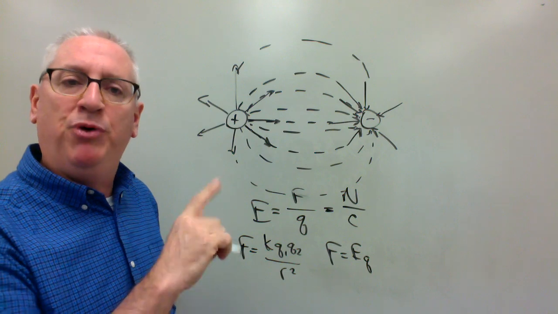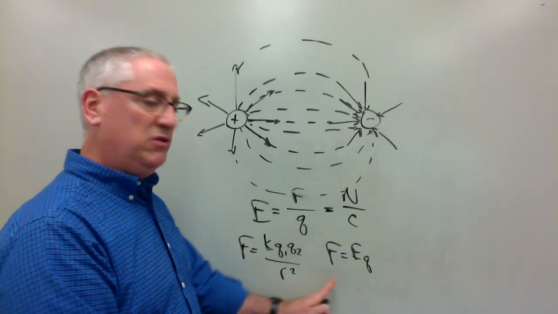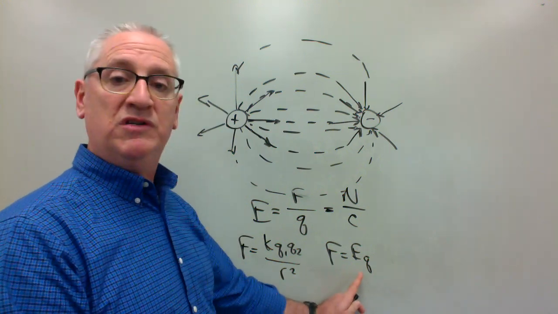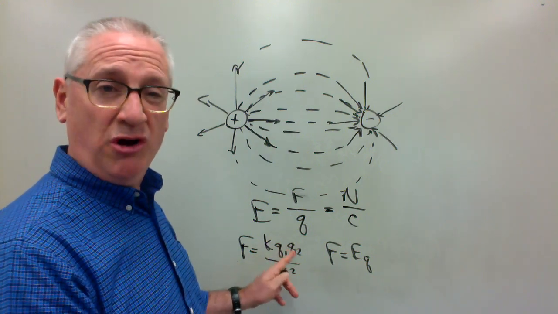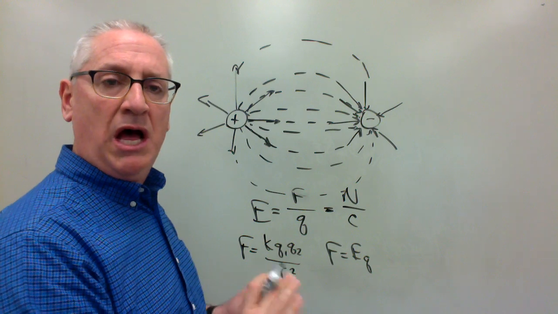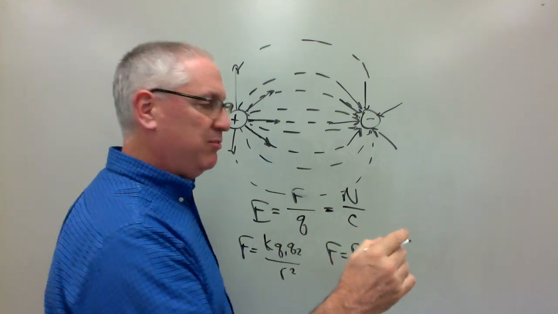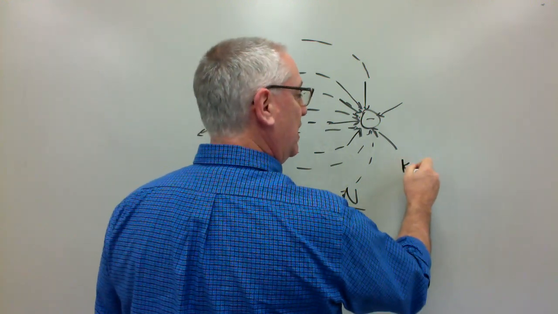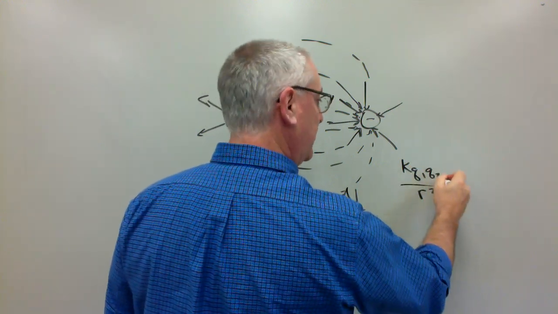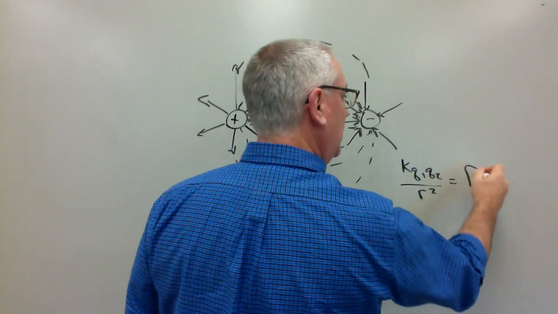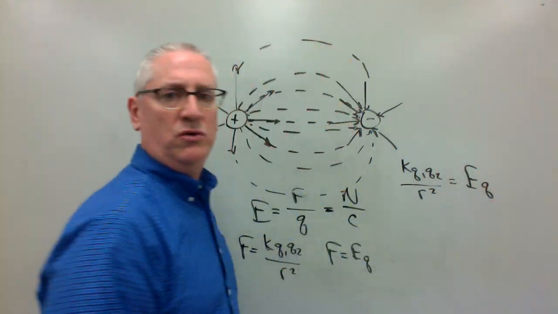Now what would happen if I put them together? Put these two things together, because if force is electric field times charge and force is K times two charges divided by R squared, I could put them together and I end up with something that looks like this. K Q1 Q2 over R squared is equal to E times Q.